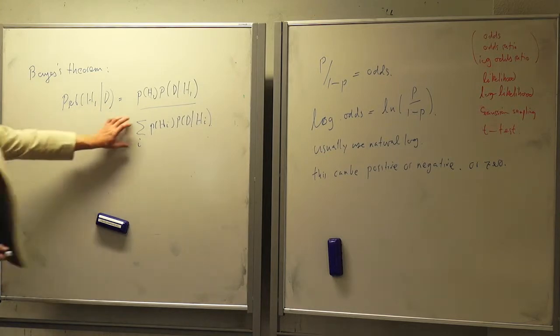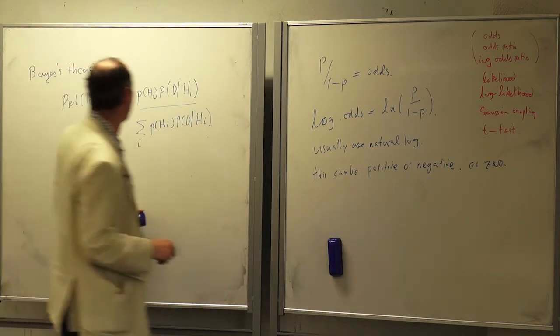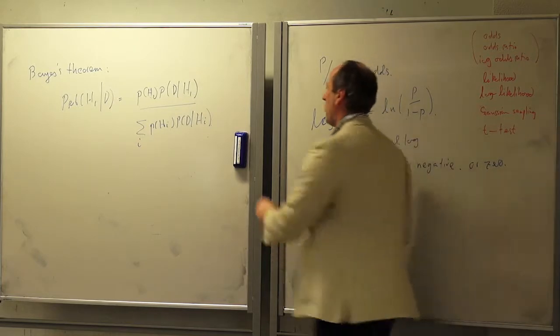The purpose of this is to make all the probabilities add up to 1. We've seen it's A over A plus B plus C, or however many you've got. If you're not interested in the fact that the probabilities add up to 1, then just get rid of it.